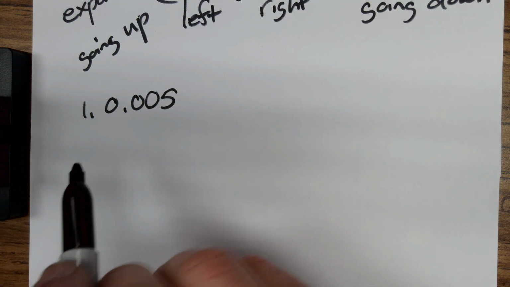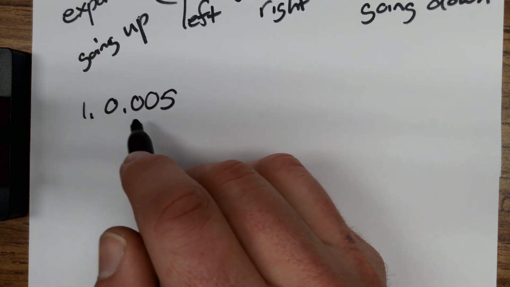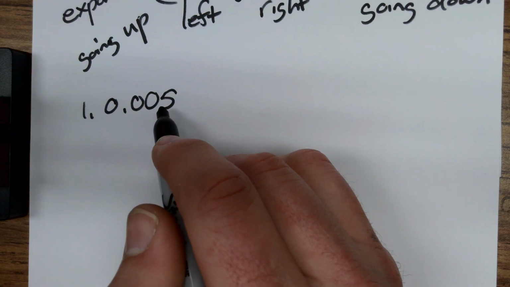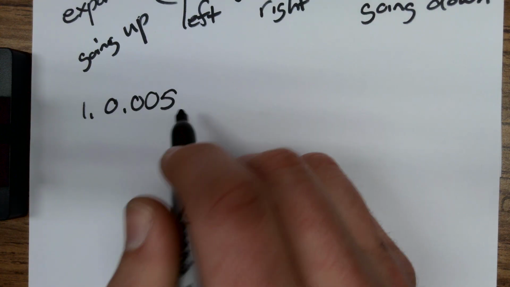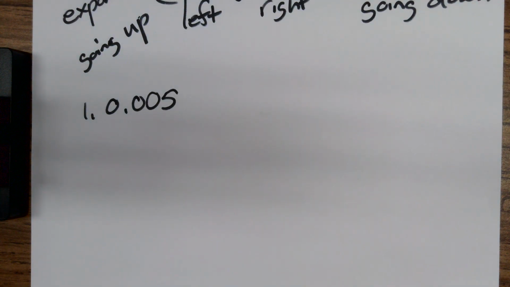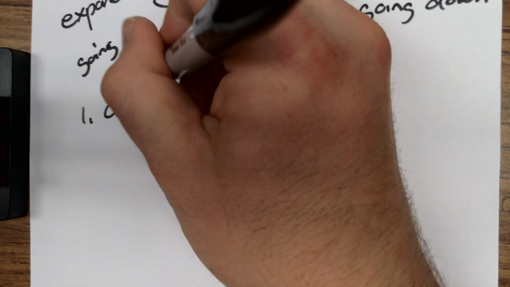Now, what I'm going to do is I'm going to take this decimal and I'm going to move it digit by digit until I create a new number that's between 1 and 10. I put that decimal behind the first sig fig. How many sig figs does my question have? 1 sig fig, right?